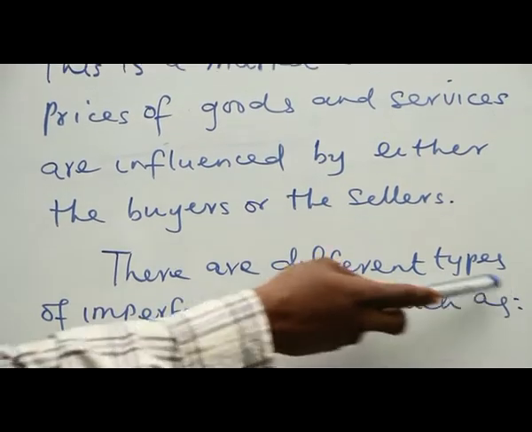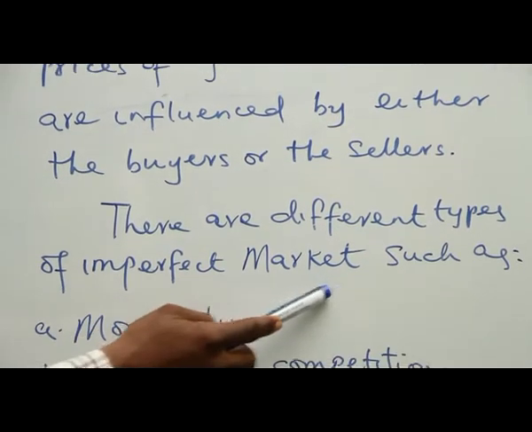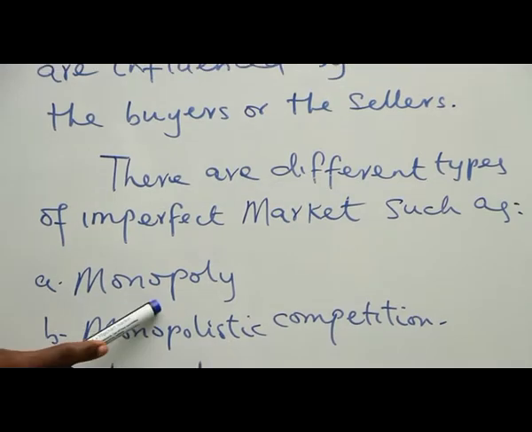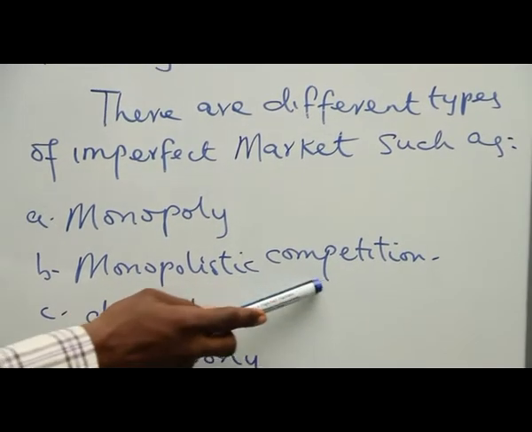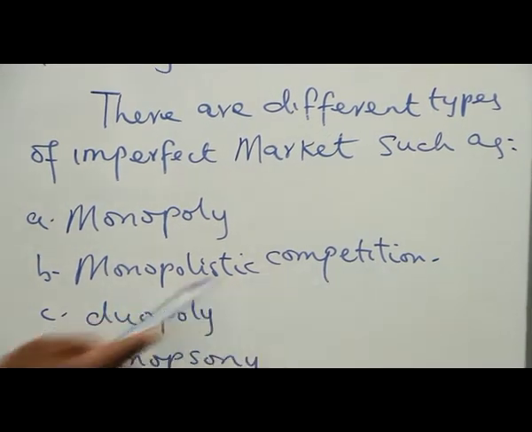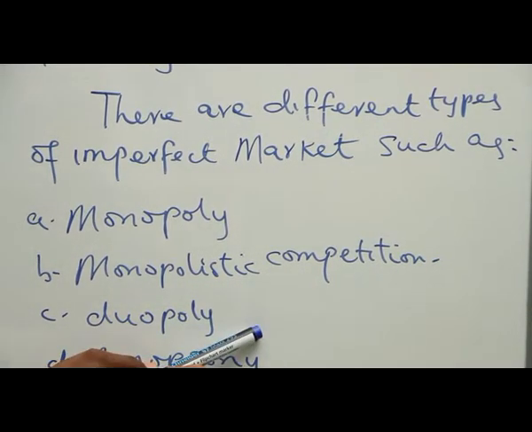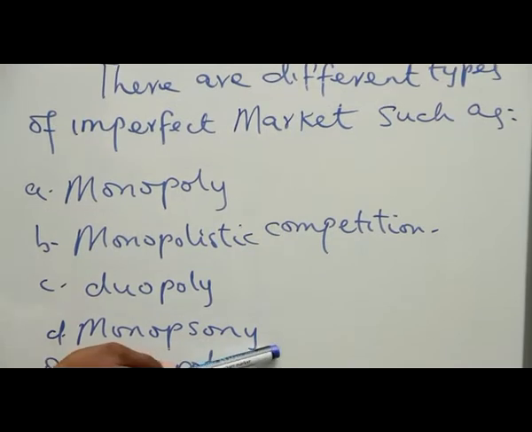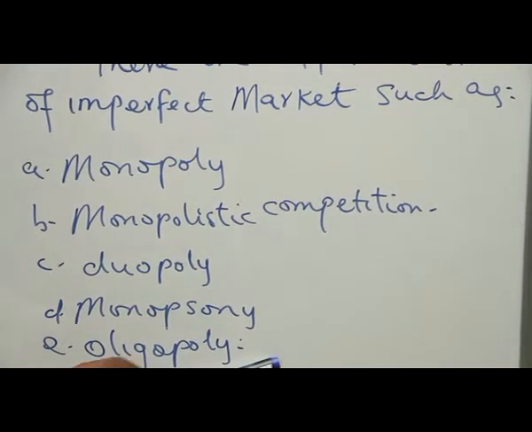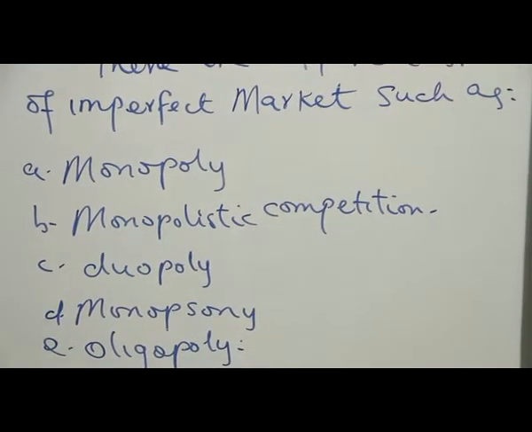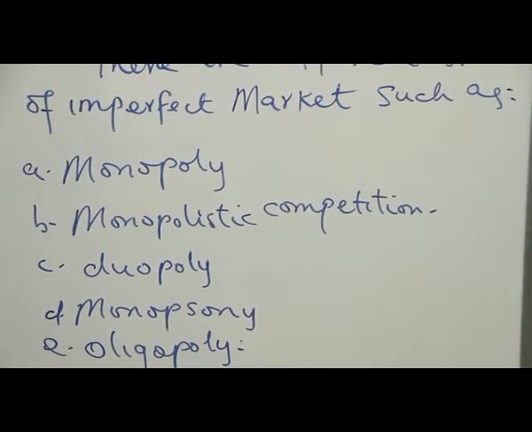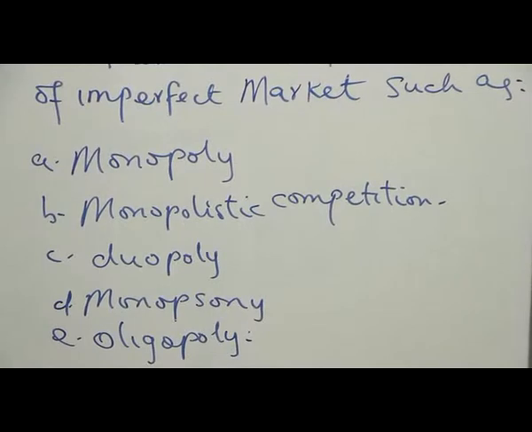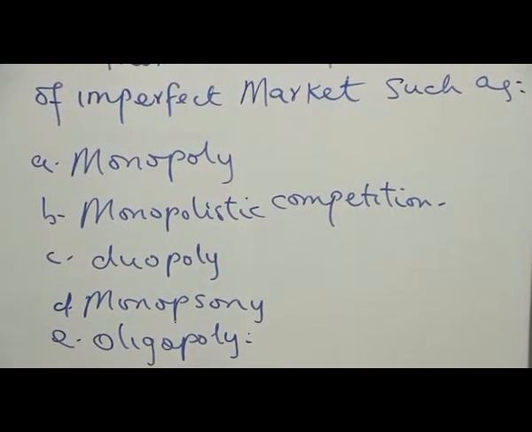There are different types of imperfect markets, such as A. Monopoly, B. Monopolistic competition, C. Duopoly, D. Monopsony, E. Oligopoly. These are the different types of imperfect market that we have. We are going to look at the definition of each before we go into the necessary conditions for an imperfect market.